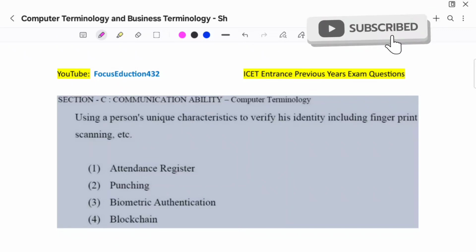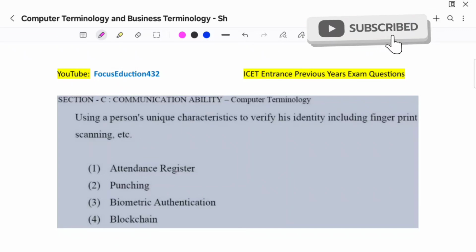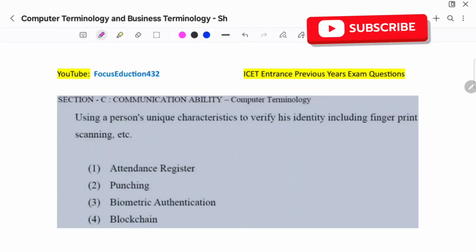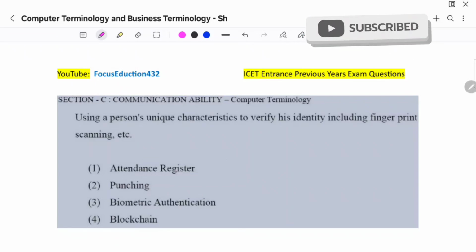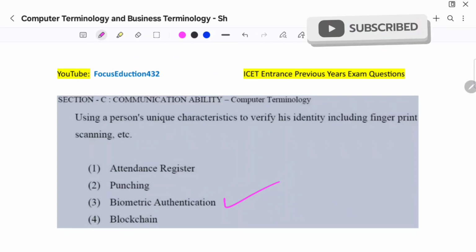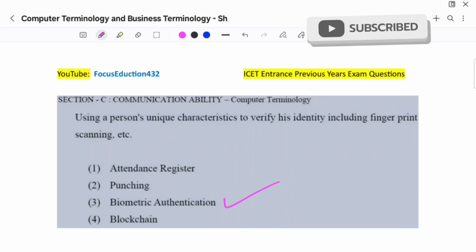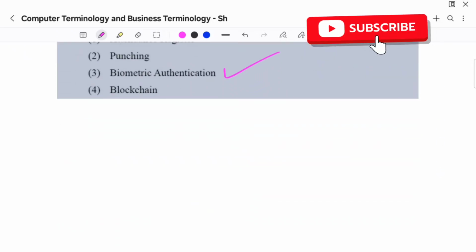You might be seeing this already in your mobile phones. The answer is biometric authentication. Fingerprint scanning, etc., comes under biometric authentication. This is for authenticating a user instead of username and password.